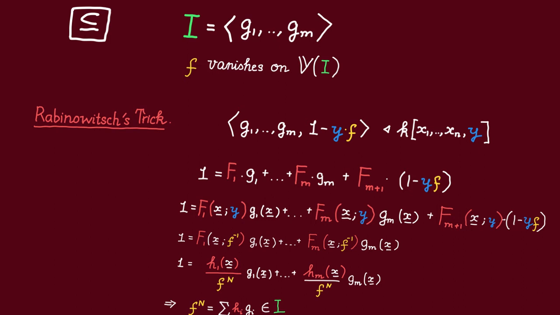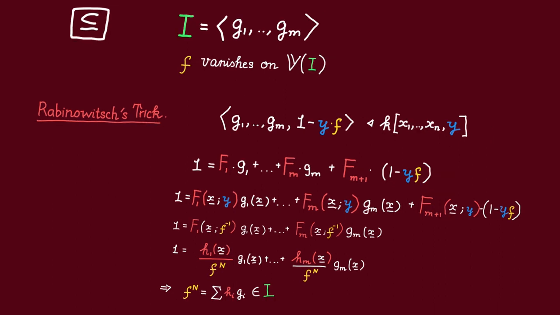Here we're going to use something called the Rabinowitsch trick. The idea is to adjoin an extra variable y to our polynomial ring, and then consider the ideal generated by these gi's together with the element 1 minus y times f. We claim that this ideal does not have any common zero inside the affine n plus 1 space.